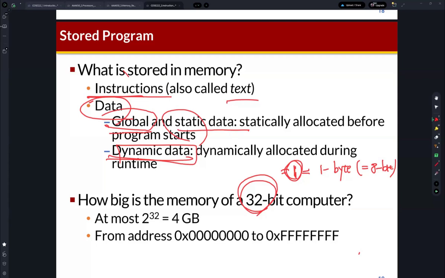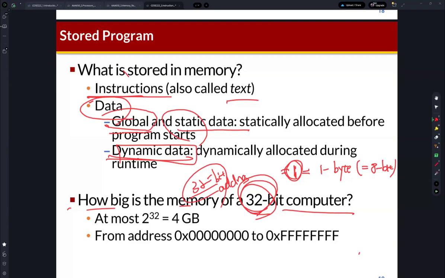Okay. Then how big is the memory of a 32-bit computer? It means a 32-bit computer uses a 32-bit address field.